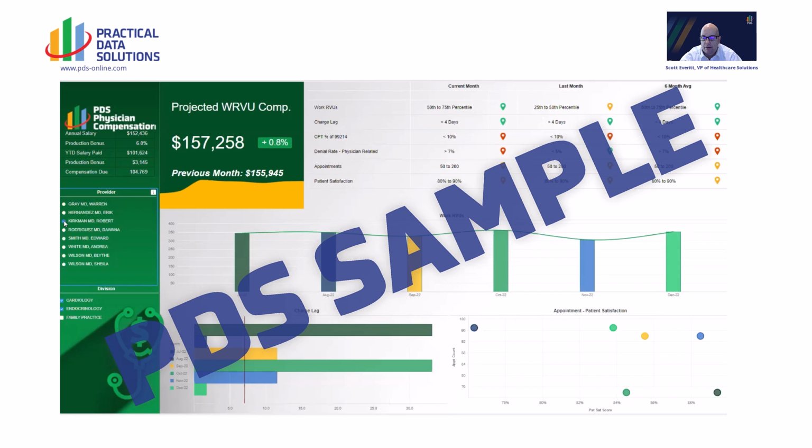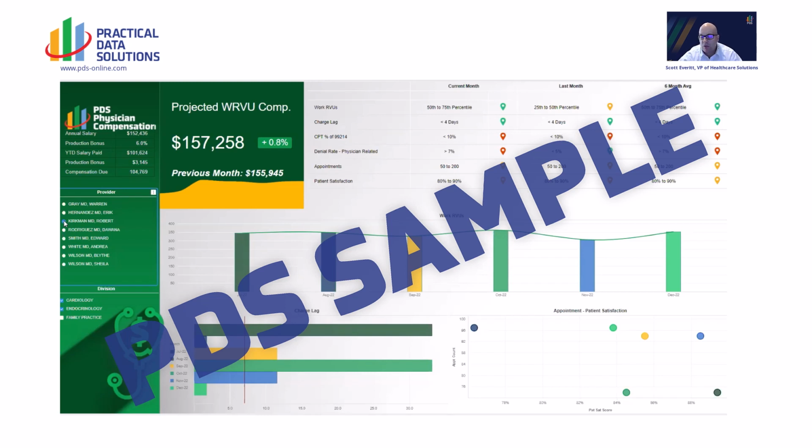Even if your comp plan is simple, it's just based on RVUs, collections, maybe some different tiers, you still want to communicate not just those factors in the projected compensation, but also help the providers understand that there are other factors which correlate and can help drive those metrics both now and in the future.